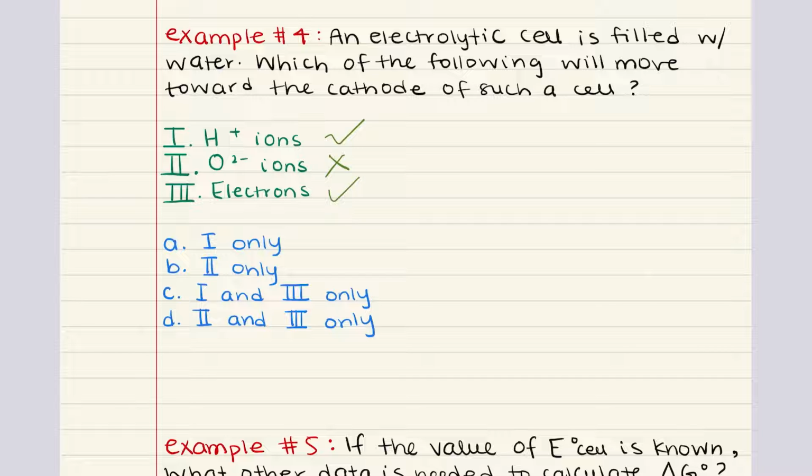First, it's unlikely that the anions in any cell would be O2- rather than hydroxide ions. And second, these anions would flow to the anode, not the cathode. So that is why option 2 is incorrect. The only true statements are 1 and 3, which makes the correct answer for problem 4 answer choice C.